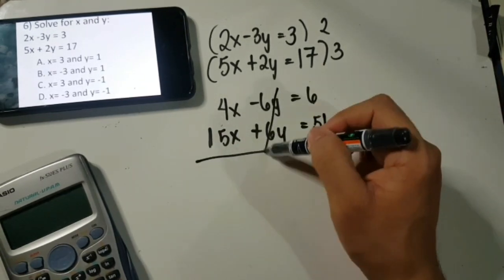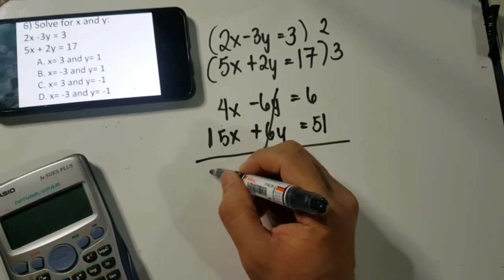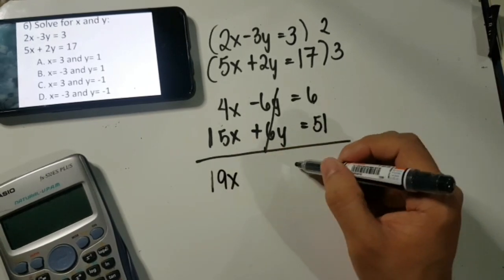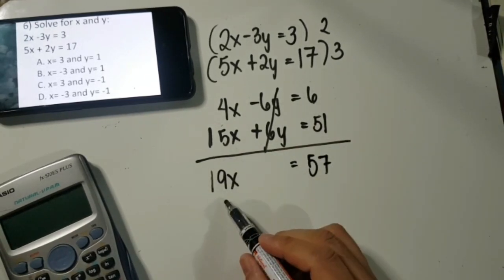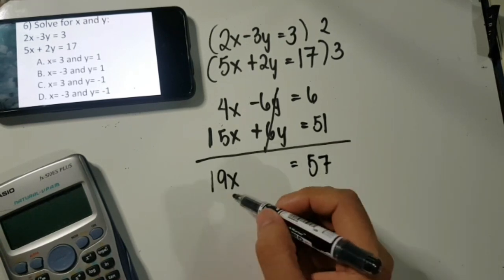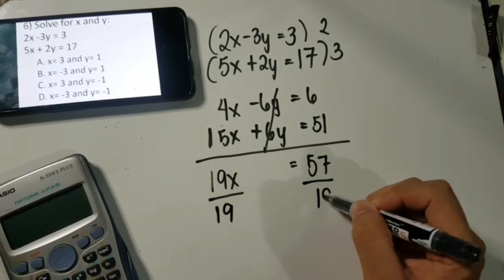So this cancels and becomes 0. So 4x plus 15x, that is 19x, is equal to 57. You're left with 19x is equal to 57. Therefore, you can solve for the value of x. Divide both sides by 19.